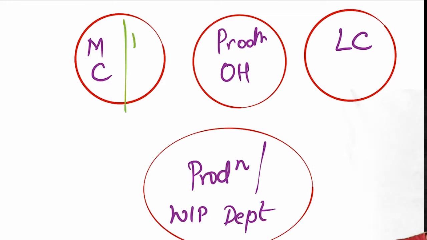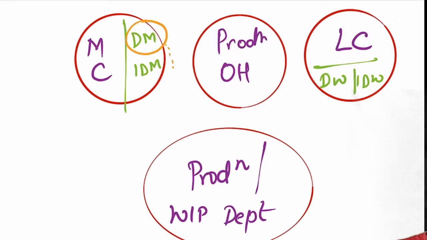Now I told you the flow of it. First, my direct material and indirect material is going to be recorded here. Direct wages and indirect wages. My direct material will flow from here to here. My direct wages will flow from here to here.